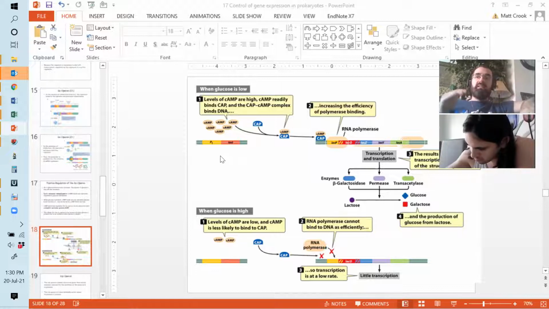If you have intermediate levels of glucose, you'll have intermediate levels of cyclic AMP, and sometimes CAP will help RNA polymerase, sometimes it won't. So you'll have an intermediate level of transcription. So this is like homeostasis in a sense, right? You're maintaining levels around a median that you want to keep things at.